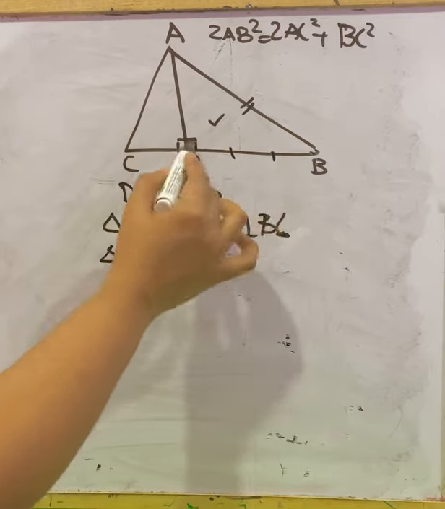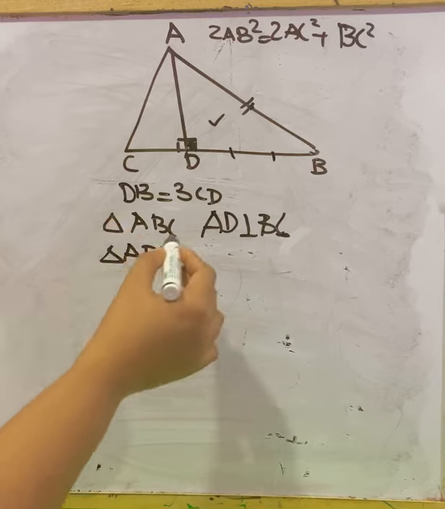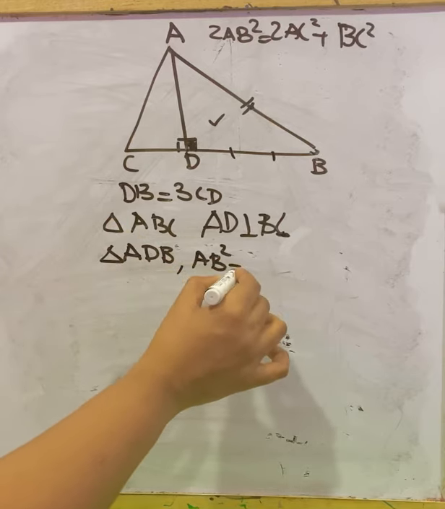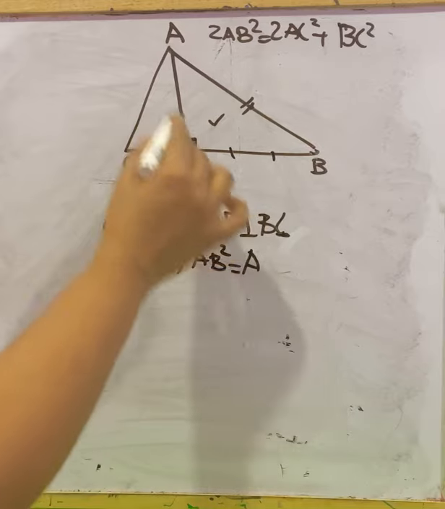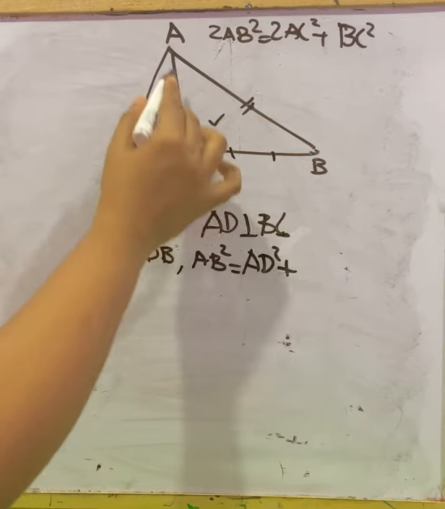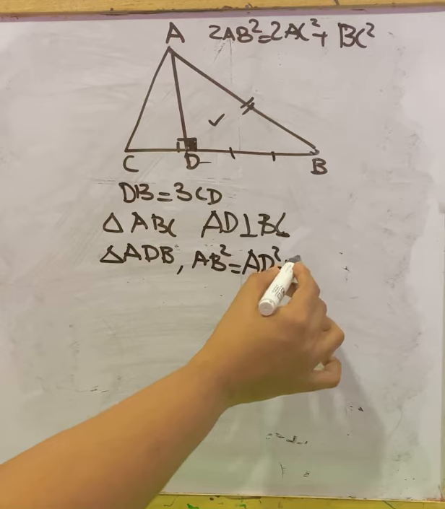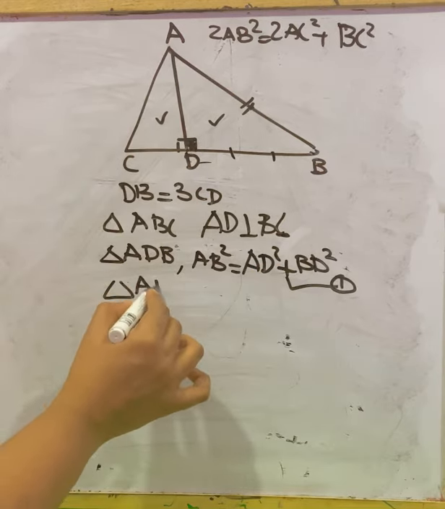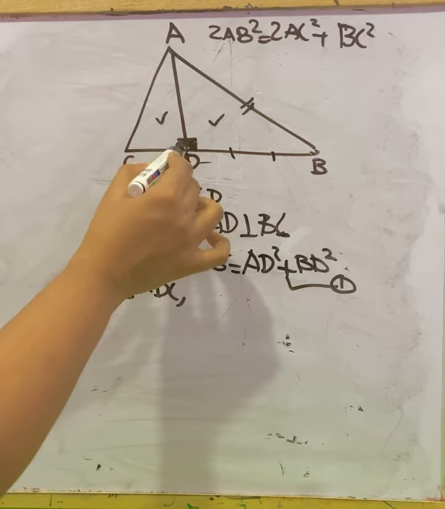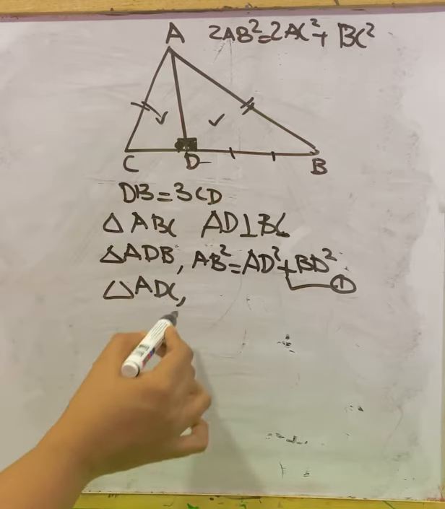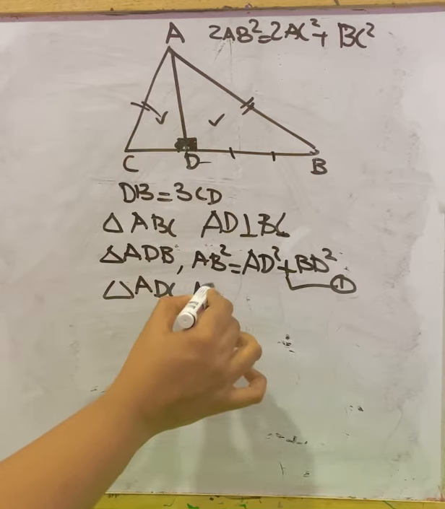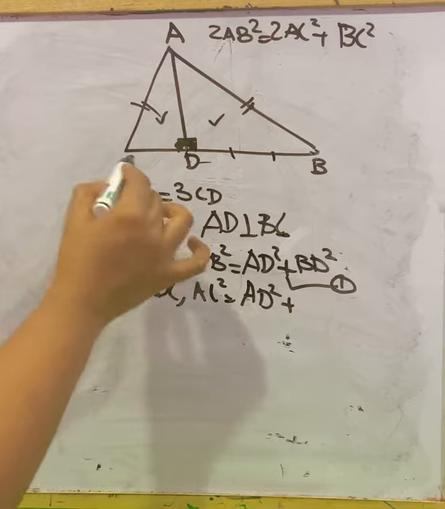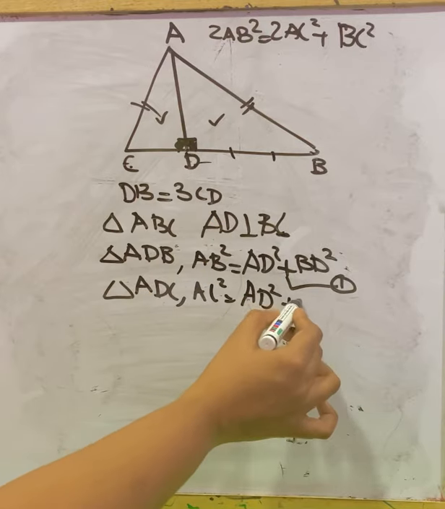We can apply Pythagoras theorem, that is AB square, hypotenuse square, is equal to altitude square plus base BD square. Now the other right triangle is triangle ADC. In that, here we have the right angle, so this will be the hypotenuse. So hypotenuse square is equal to, again, AD square, the altitude, plus DC square.